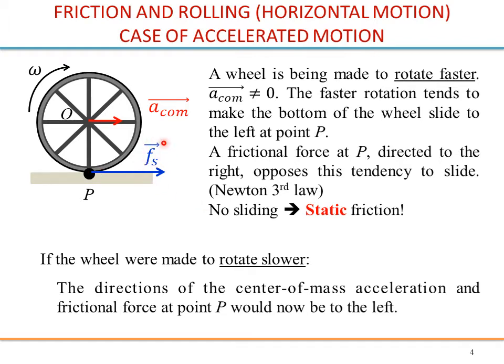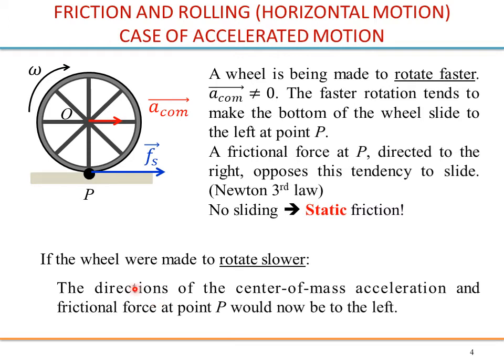So this Fs here is the force exerted by the road on the wheel. And of course, it has the same direction as the acceleration, because ma equals Fs. And of course, this frictional force is a static frictional force, because there is no skidding and sliding.